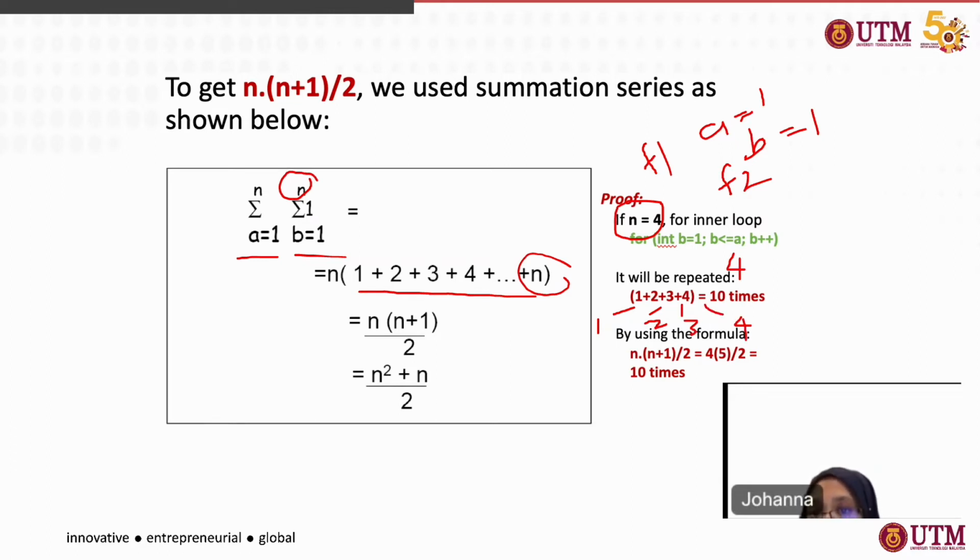So when a becomes 2, move to the second loop, the b process will be executed for 2 times, okay? So this will be executed until a is equal to 4. So that's why we will get 10 times. So if we use this formula and replace the value n with 4, we are able to get 10 times too. Okay?